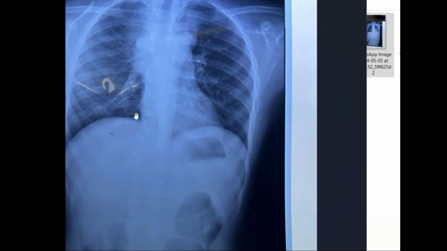and multiple inhomogeneous opacities present in right lower and left middle zones, and the mediastinum is widened.